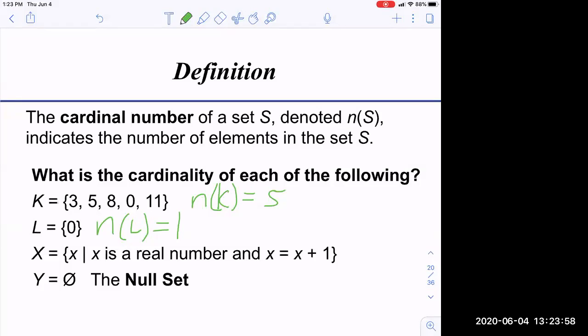That doesn't work for anything. So there are no elements in X. So the cardinality of X is 0. And the same thing here. Y is the null set. There's nothing in the null set. It can be written as like this, a set with nothing in it. So the cardinality of Y is also 0.